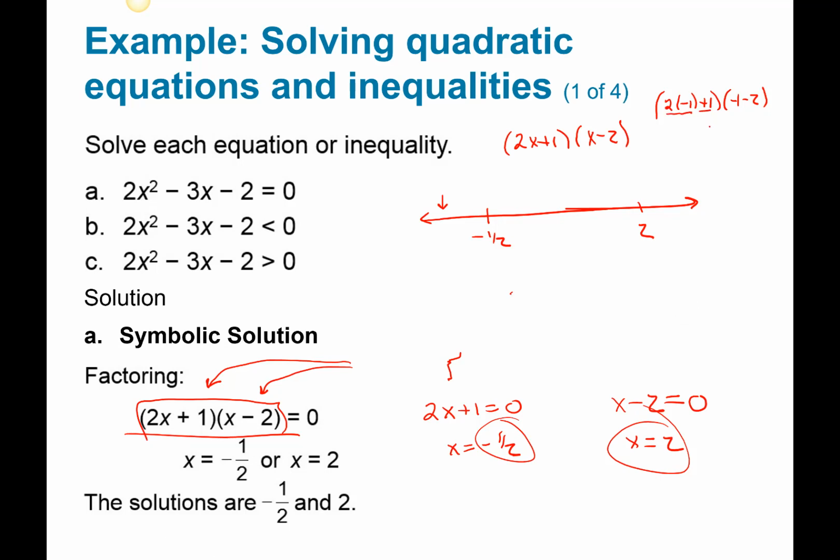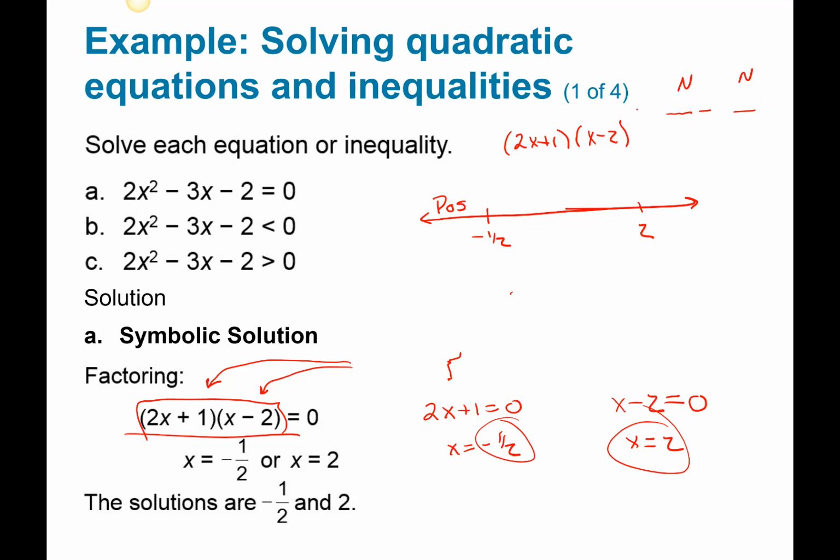Is that going to be positive or negative? Negative 2 plus 1 is negative, a negative 1. Negative 1 minus 2 is going to be negative, a negative 3. When you multiply a negative times a negative, what do you get? Positive. What that tells us is the numbers in this interval are going to return a positive value.